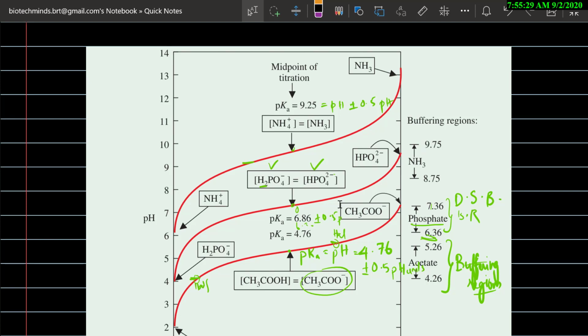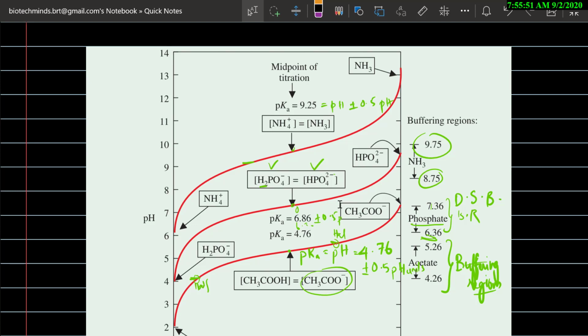So the range is 9.75 to 8.75. So ammonia is 8.75 to 9.75, within plus or minus 0.5 pH units.